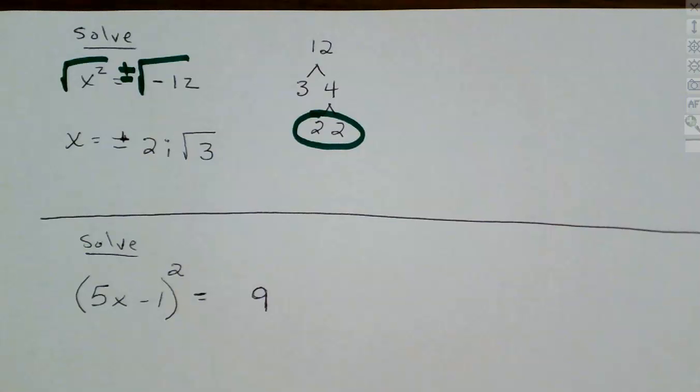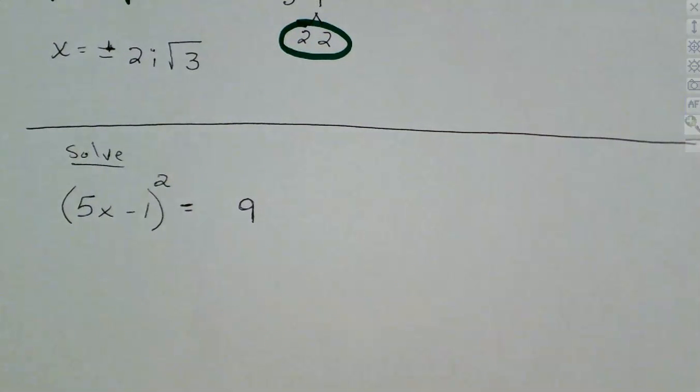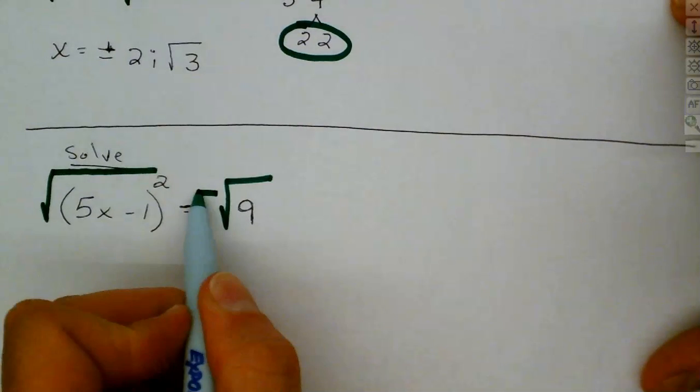So how are we going to solve this one? Well, we're going to use the same technique that we used a moment ago. We're not going to have to FOIL it. We're just going to use the square root property to get rid of that square. So how do we get rid of a square? Square root. Okay. Add in your plus or minus.